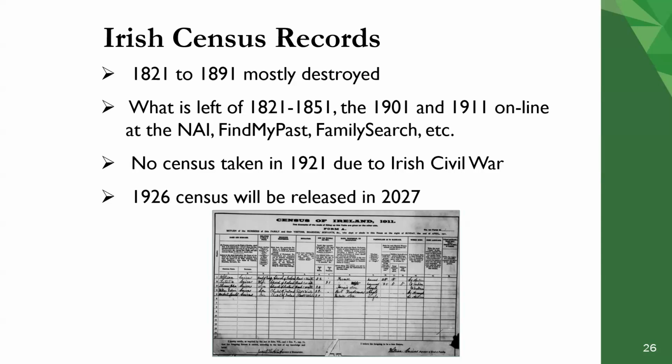And it does list all the members of the household for 1901 and 1911. Even if you have ancestors that came over before this time period, the 1901 and 1911 censuses are fairly good because not everybody immigrated. Some whole families did, but a lot of them stayed.